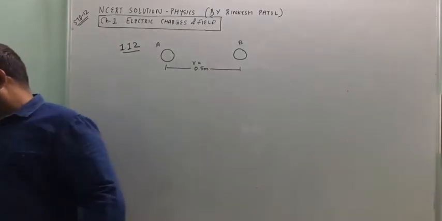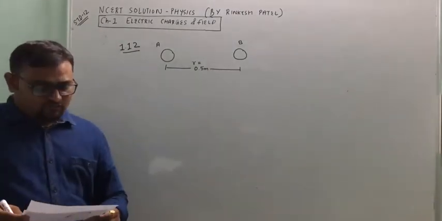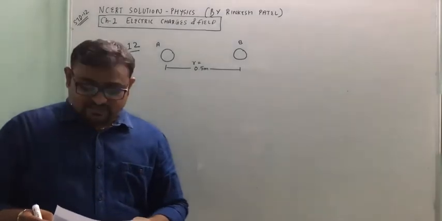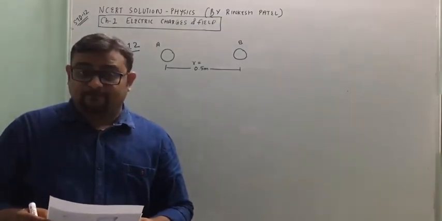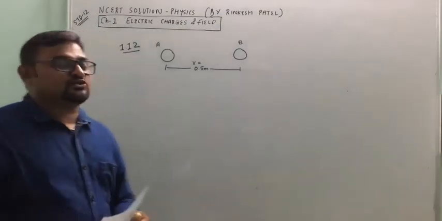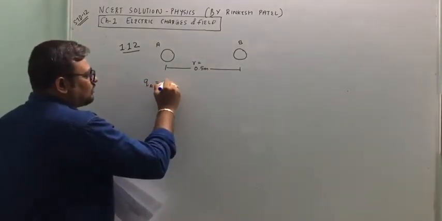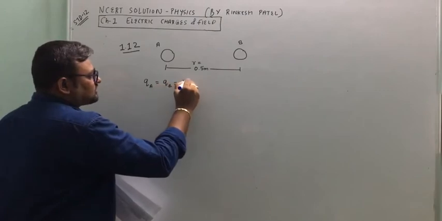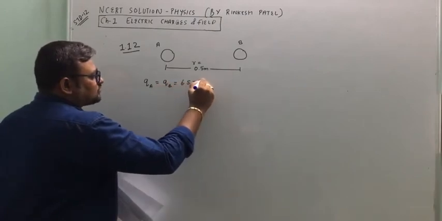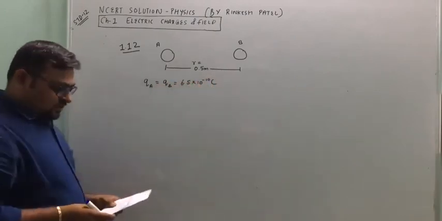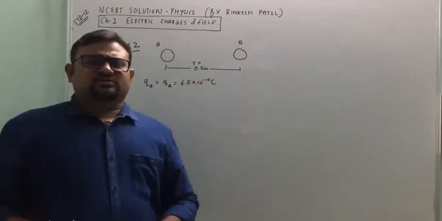You have to find the mutual force of electrostatic repulsion if the charge on each of them is 6.5 into 10 raised to minus 7, so QA equals QB equals 6.5 into 10 raised to minus 7 coulomb. This is a very simple question.